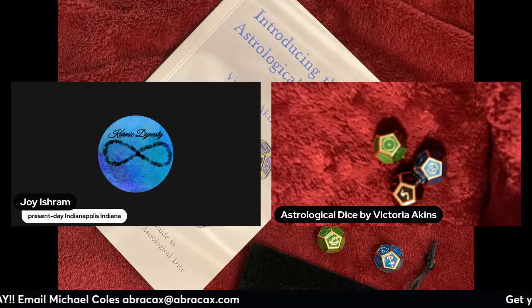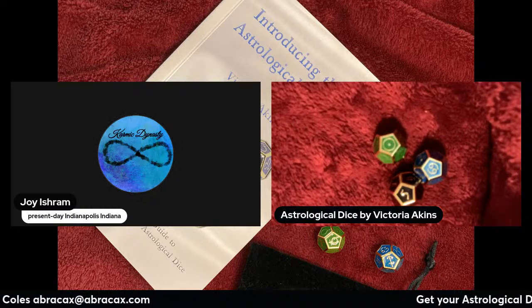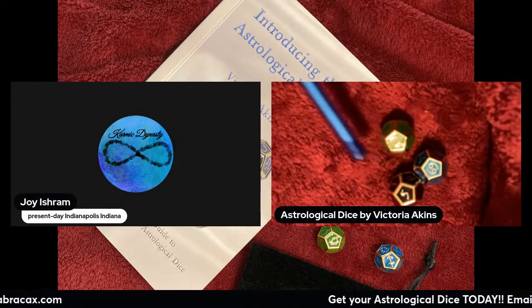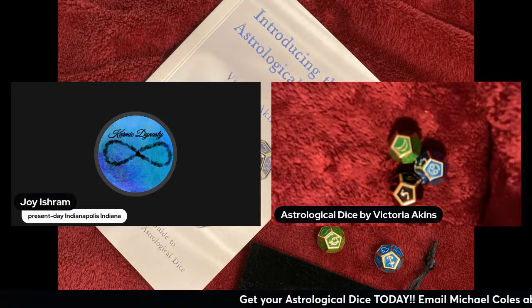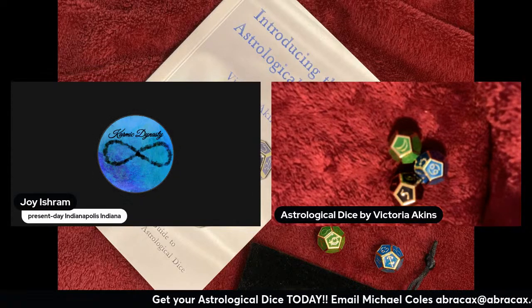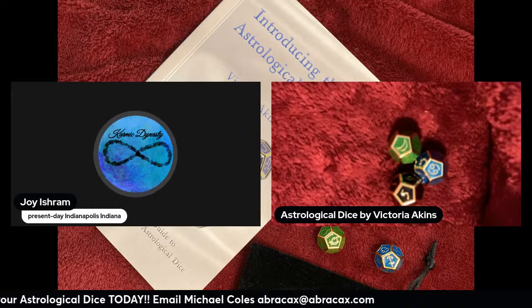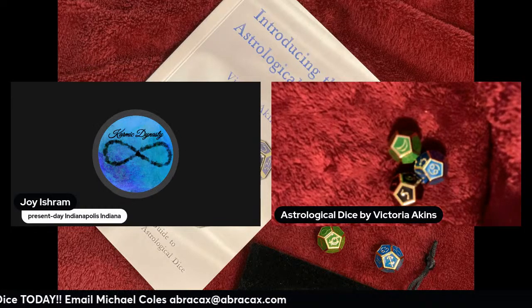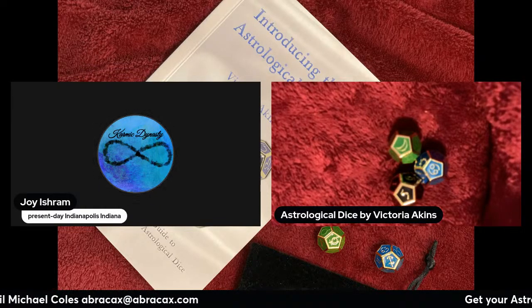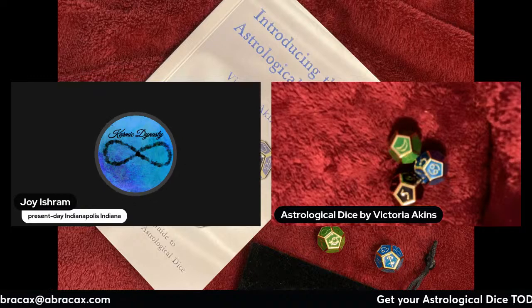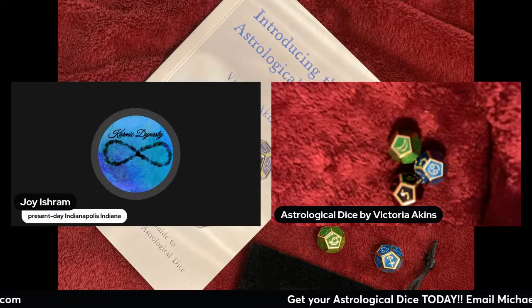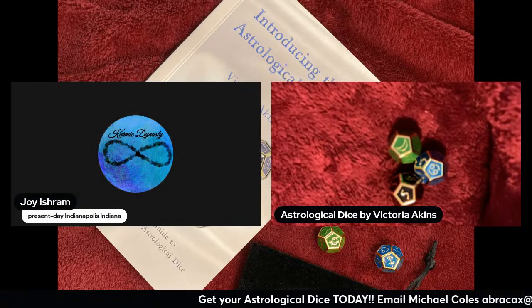Okay. Next, we have the moon. And I'm just going to do a few of these as an example. So in the dice reading, the moon represents the inner nature, the strongest of emotional attachments and emotional expressions, intuition, fluctuating areas of life, nurturing, and personal security questions.